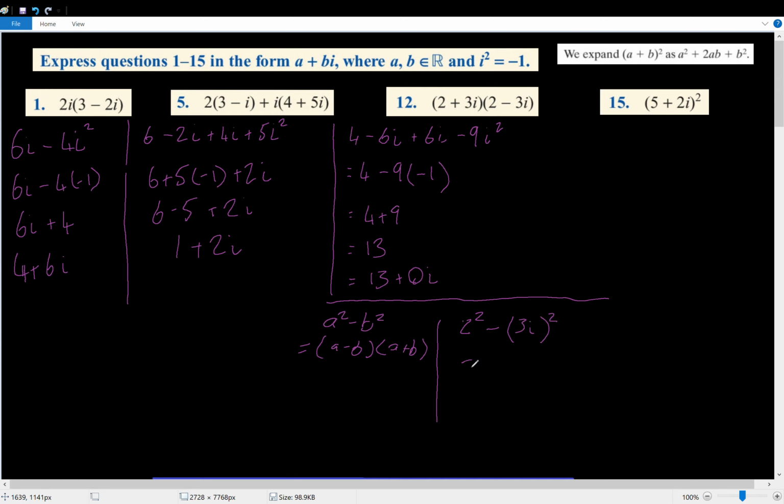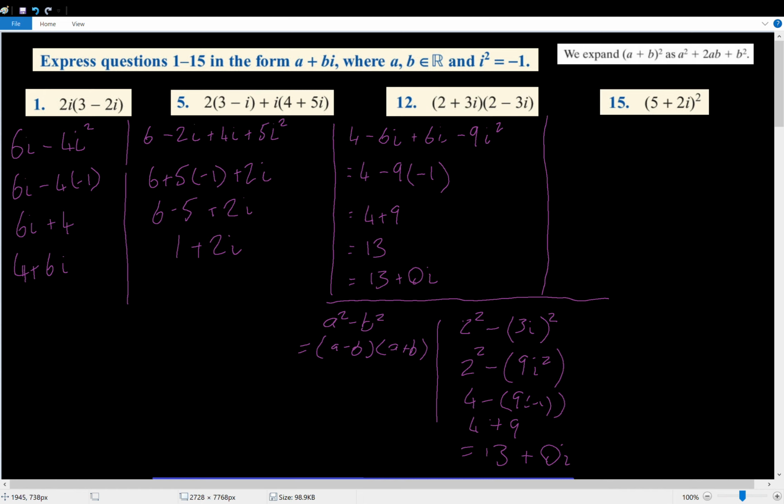So that's going to be 2 squared minus 9i squared. So it's going to be 4 minus 9 times minus 1. So 4 plus 9, and we get 13. So we get to the same place in the end, no matter which way we go, but that's another way of doing it.